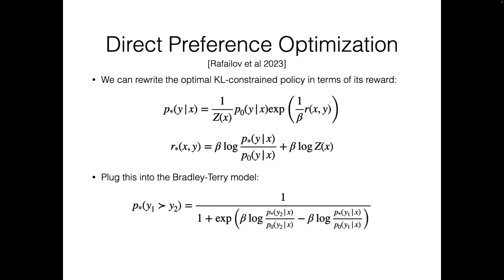Then you can plug this into the Bradley-Terry model. And after you simplify some things, you get this quantity here. So this cancels out this normalization term. And you just have this beta and then log. And then here is the preferred response, and here's the dispreferred response.